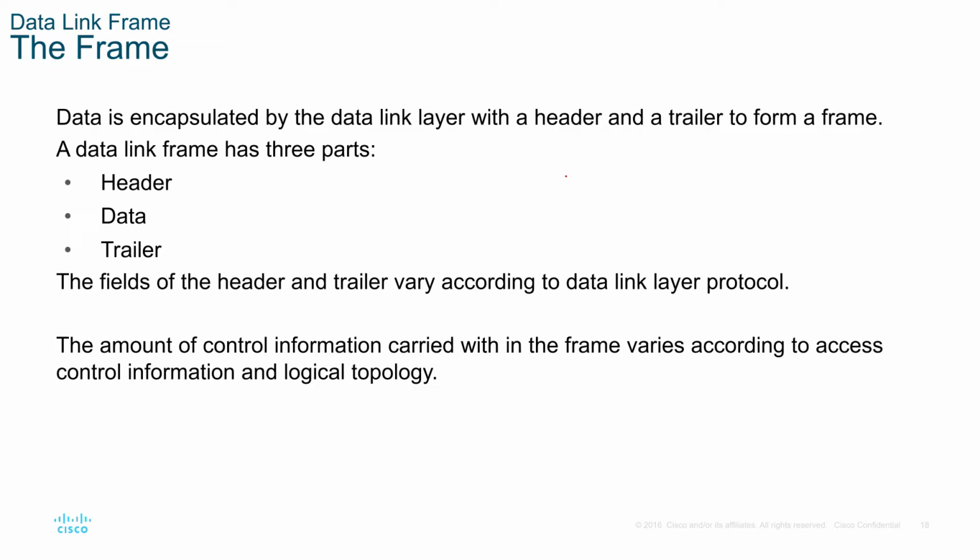When it comes down to layer 2, it is just seen as data. We then put on the header, which will include with Ethernet a source and destination MAC address. We will also put on a trailer, which will have a frame check sequence, a mathematical way of checking to see if the frame was corrupted or changed during transmission.